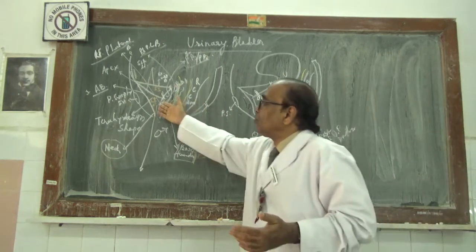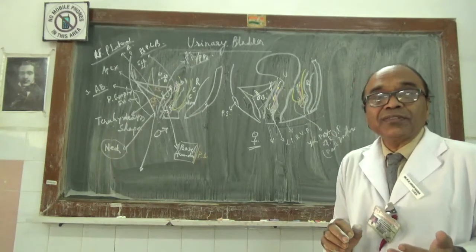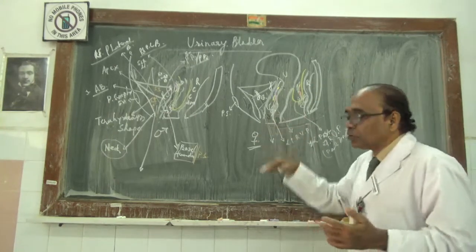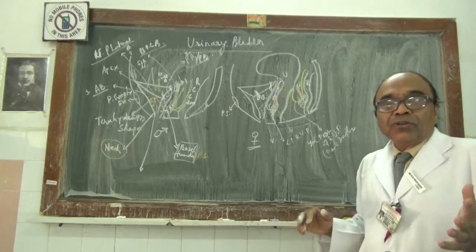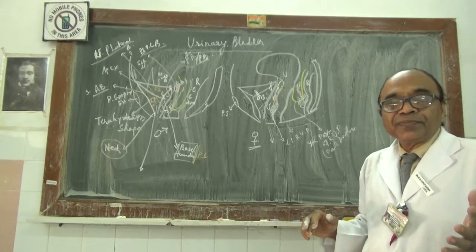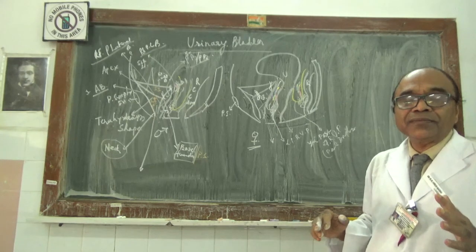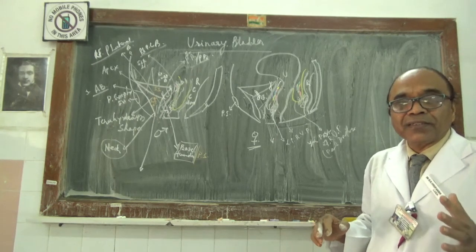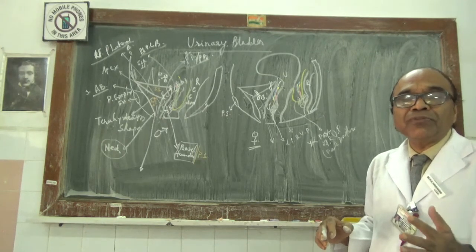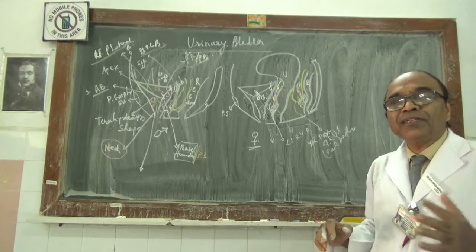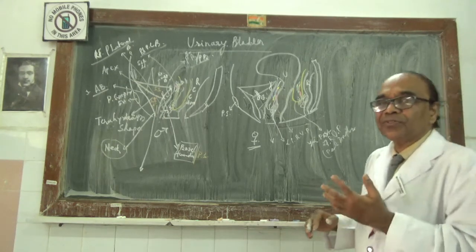Now the relation of the infralateral surfaces, in both male and female: the lateral wall of the true pelvic cavity, then pelvic fascia, pelvic fat, and the vessels in that pelvic fat and fascia, which supply the muscles forming the lateral wall of the true pelvic cavity.